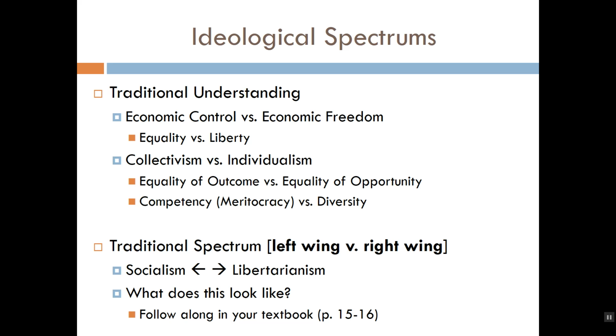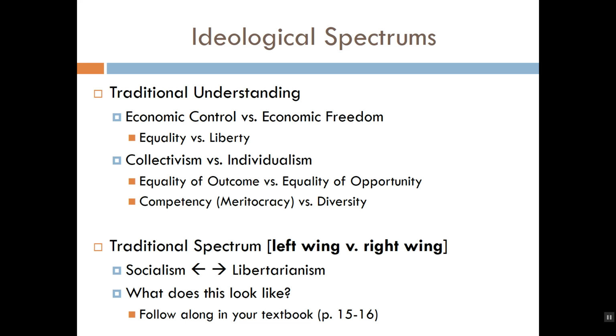The traditional spectrum of ideologies is a tool that we use to visually depict the differences between ideologies by arranging them on a spectrum from far left to far right, based on what each of the ideologies believe about the appropriate level of government control over people's economic, financial, and monetary interactions, agreements, or behaviors.